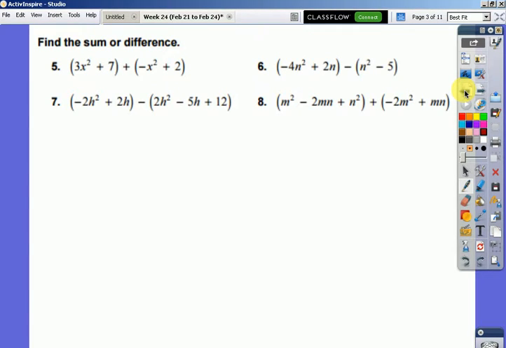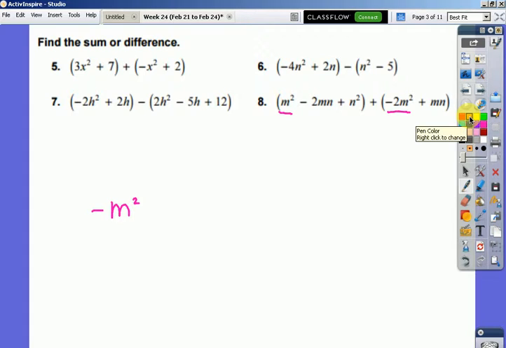Alright. It's just an exercise in combining like terms, so don't overcomplicate it. M squared, M squared. So when I combine those, what do I get? Yeah, a negative M squared. Now, I would follow the order here. So they have M squared, Mn, and then N squared.